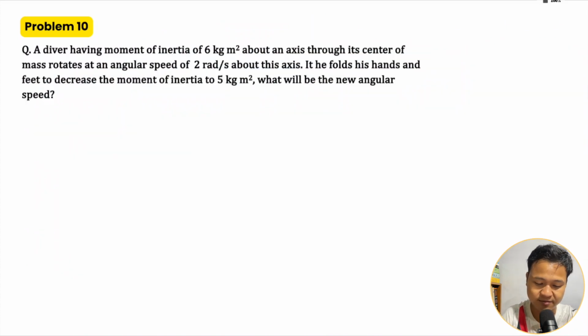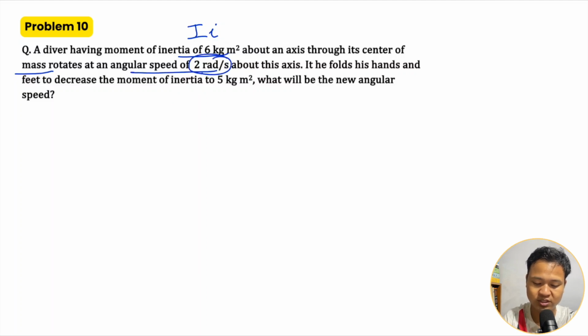Next, a diver has moment of inertia I initial of 6 kg meter square through the axis of the center of mass. The diver jumps from the diving board and is rotating about the center of mass.